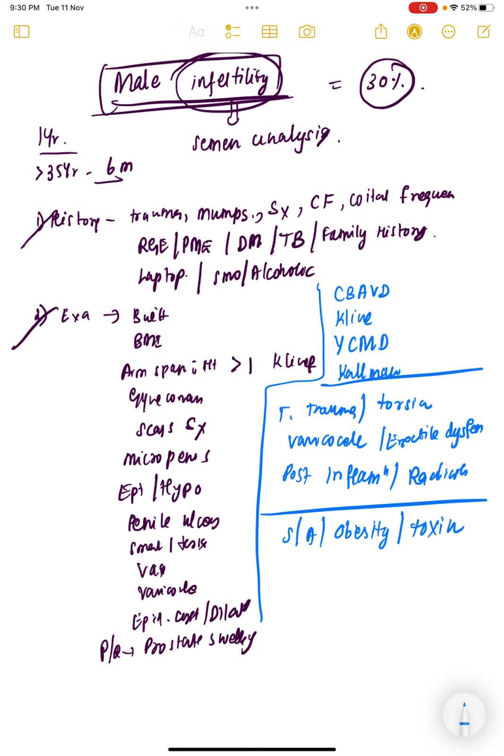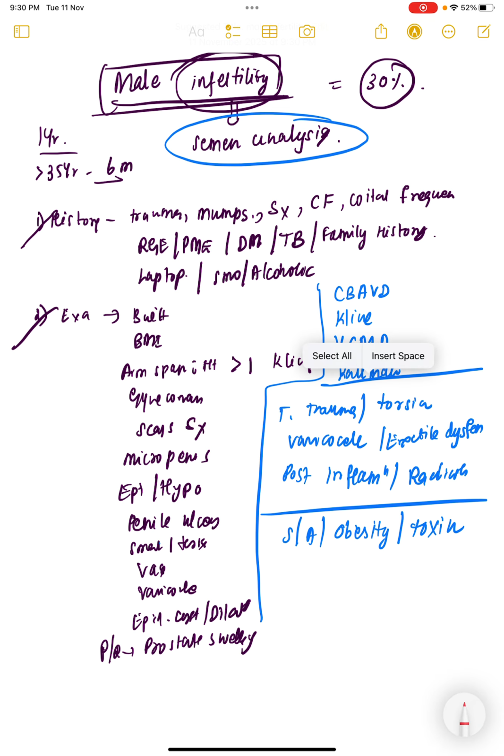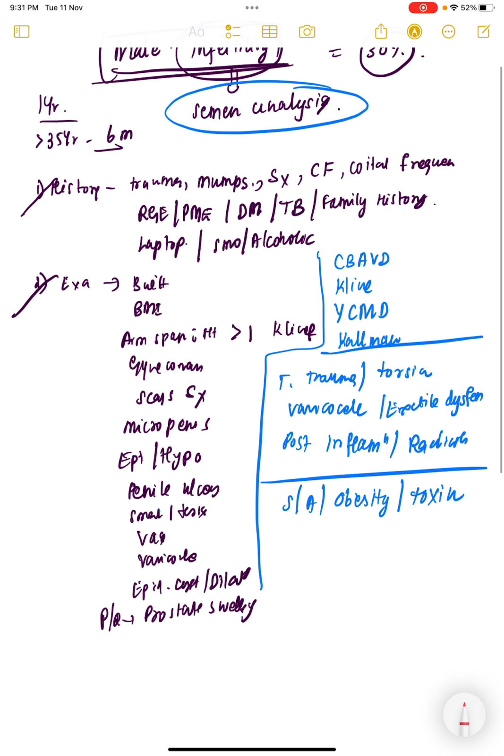The first and basic investigation we do is semen analysis. According to the 2021 semen analysis criteria, normal semen volume is 1.4 ml, sperm concentration is 16 million per ml, and total sperm number is 39 million per ejaculate.